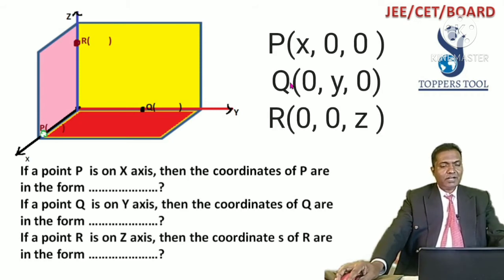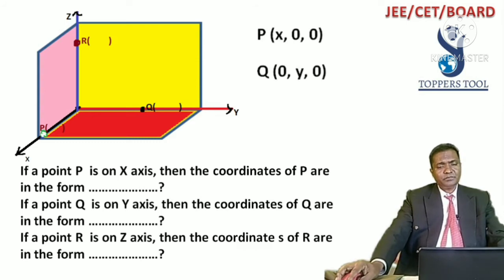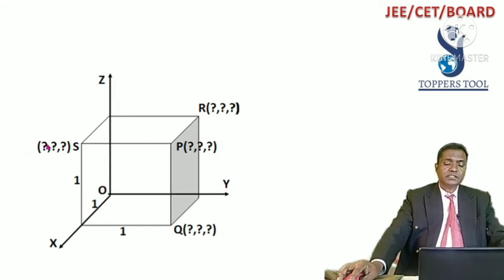So you have to take care of such things. Here are the coordinates of the points P, Q, R. Now here is a three-dimensional axis system, x-axis, y-axis, z-axis, and there is a cube placed in such a fashion, and it is given that each edge of the cube is 1 unit.